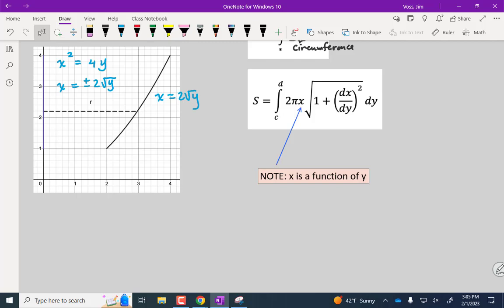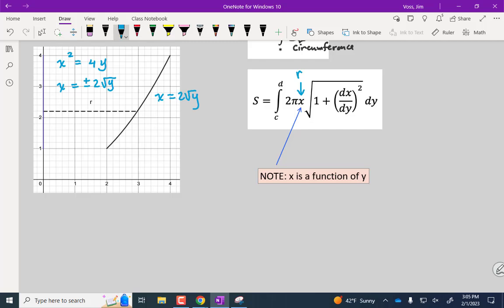So this is the radius right there. That's r right there, which is an x, so you could call that x if you wanted, but we need to rewrite it in terms of y because we're going to have a dy. So if we're going around the y-axis, we have dy. If we're going around the x-axis, we have dx.